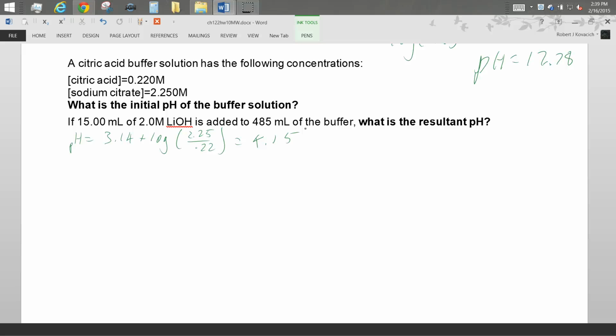But I need to know what's the most important thing to know about all of these things that are in this water? The base and acid, everybody.